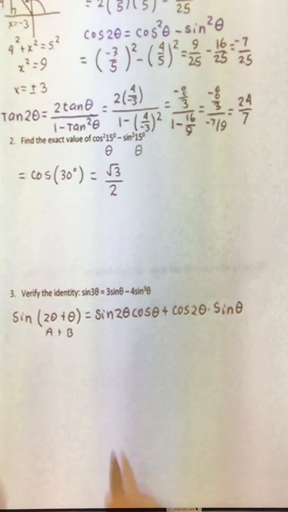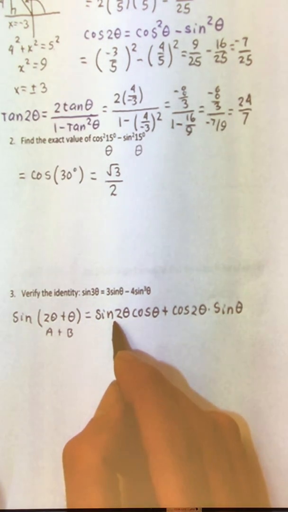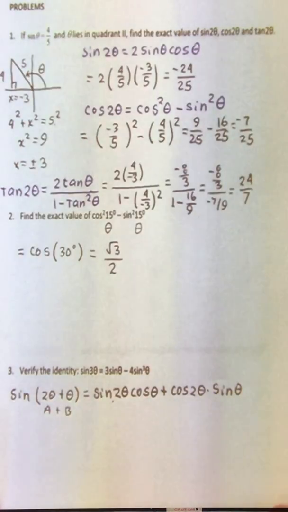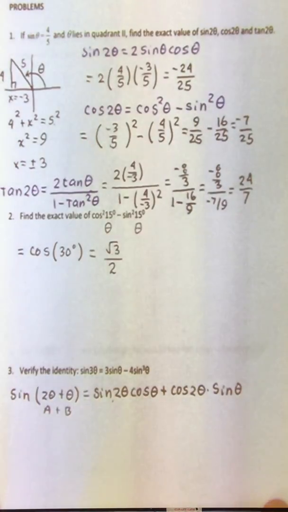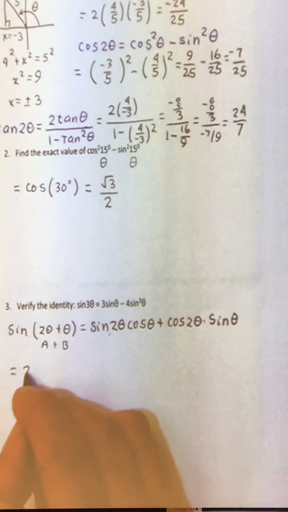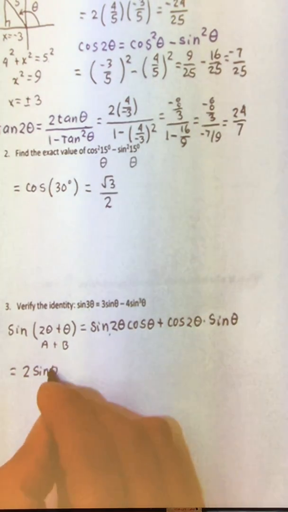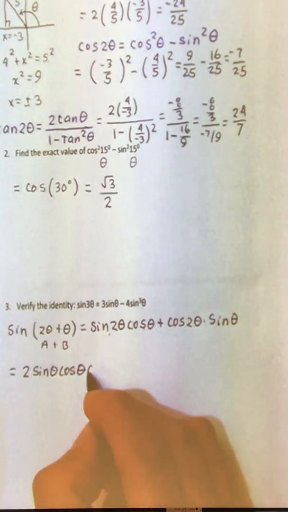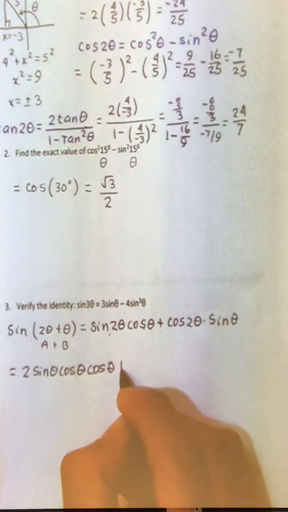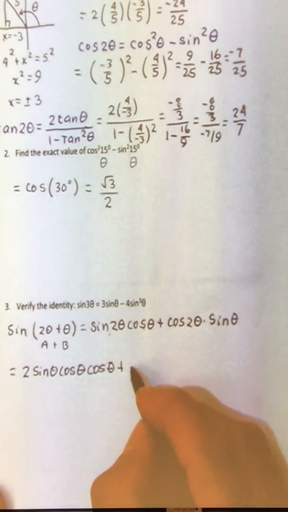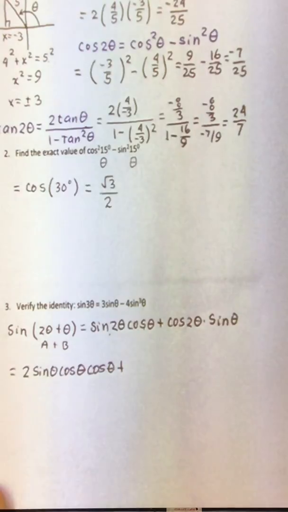Now, let's see. There's another identity for sine 2 theta, which we have up here at the top in problem number 1. So replace sine 2 theta with 2 sine theta cosine theta. So we now have 2 sine theta cosine theta times the cosine theta that's already there, plus cosine 2 theta.